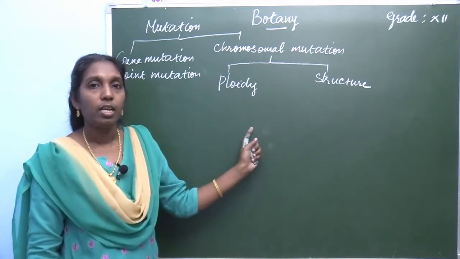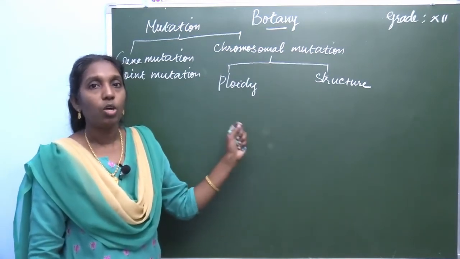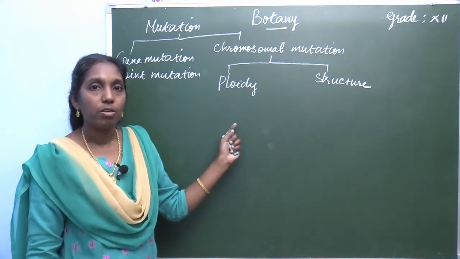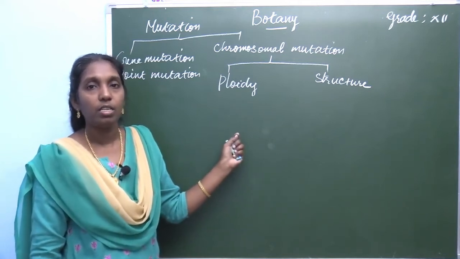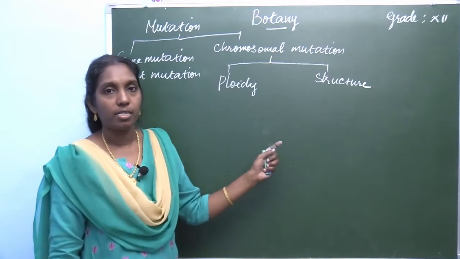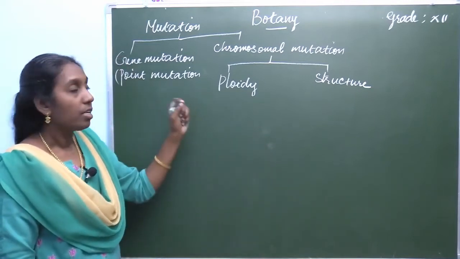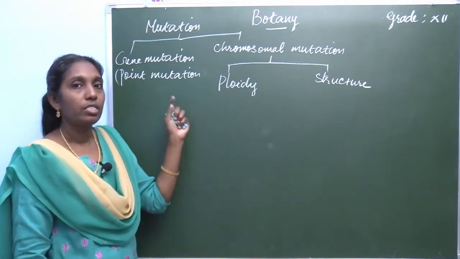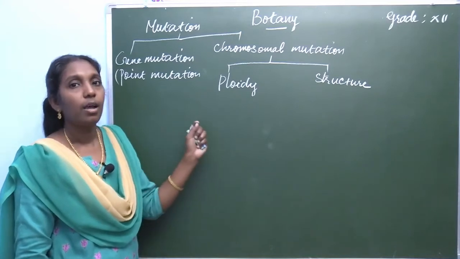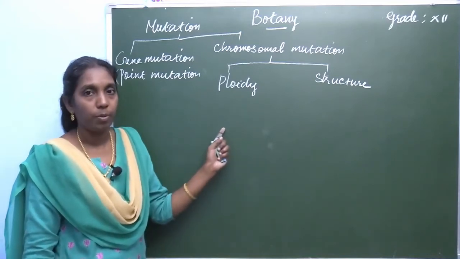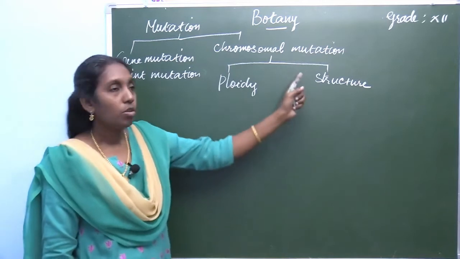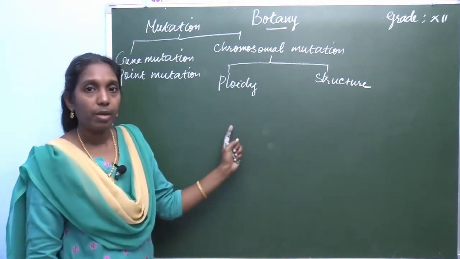Chromosomal mutation can be detected by microscopic examination or genetic analysis, whereas, in contrast, gene mutation cannot be detected microscopically. Chromosomal mutations can be detected microscopically.